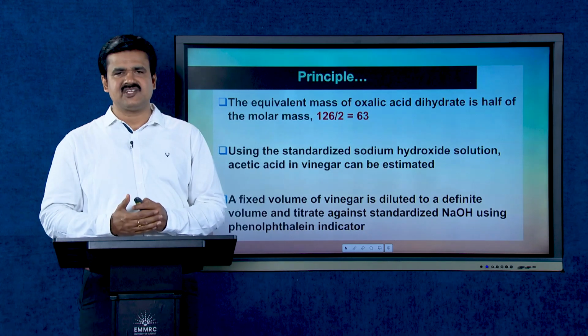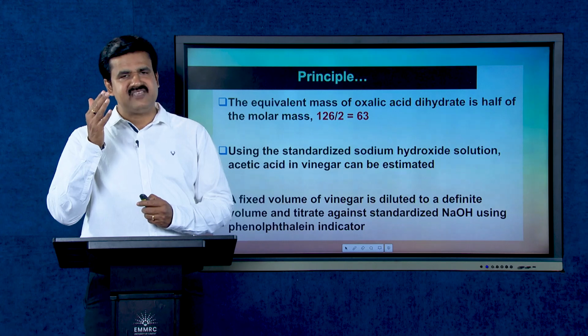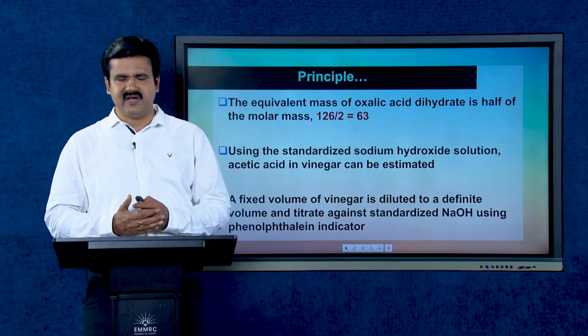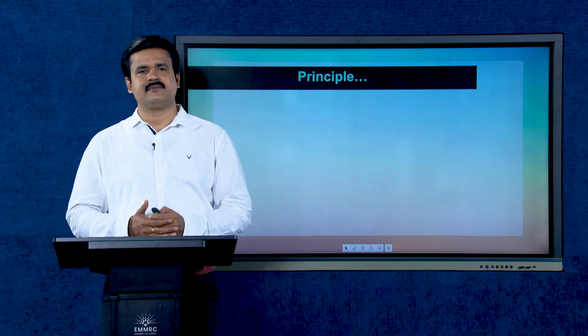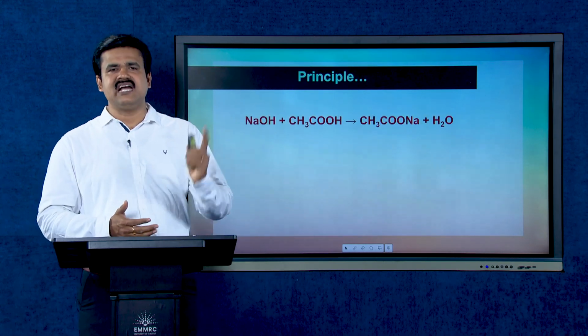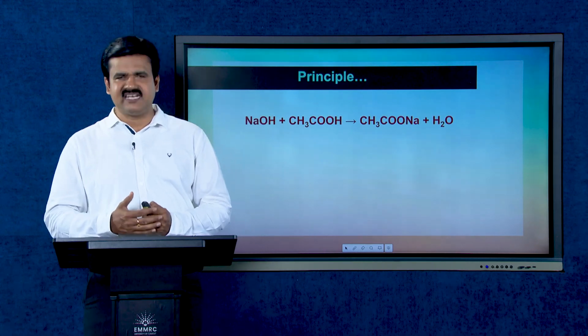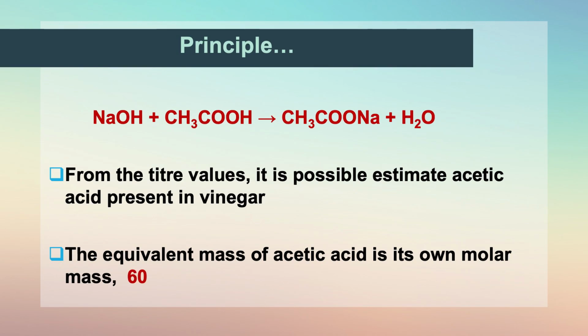Again, this is a titration between vinegar, that is a weak acid, acetic acid, and strong base sodium hydroxide. Here also we are taking phenolphthalein as the indicator. Now, the reaction between sodium hydroxide and acetic acid present in vinegar can be represented like this. Again, a neutralization reaction.